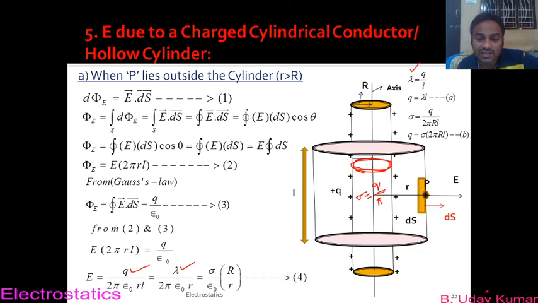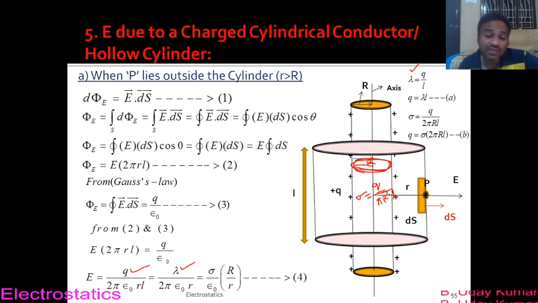Since the charge is present on this cylinder and its radius is capital R, I can write its curved surface area as pi r square L. Sorry, pi r square L is the volume of the cylinder. It's my mistake, so please rectify it.